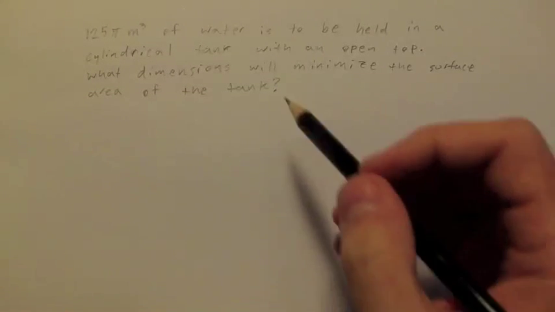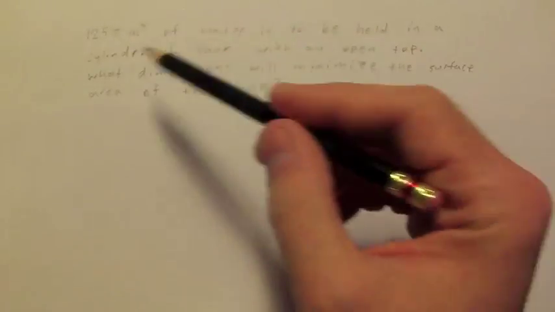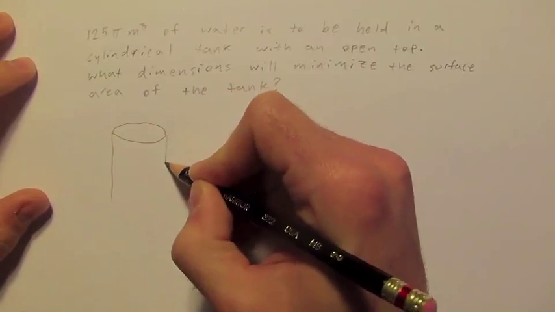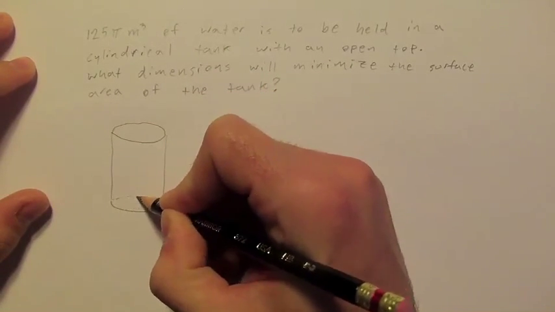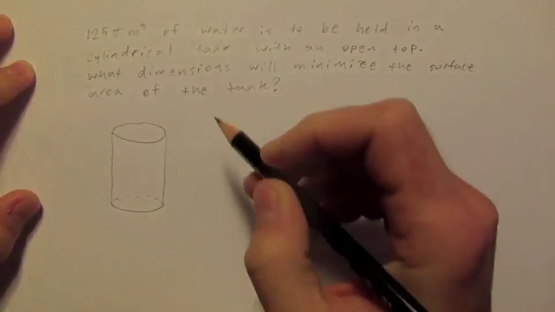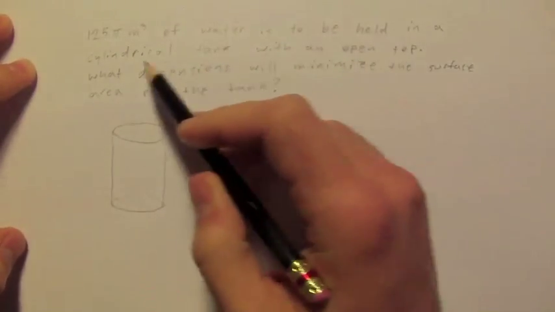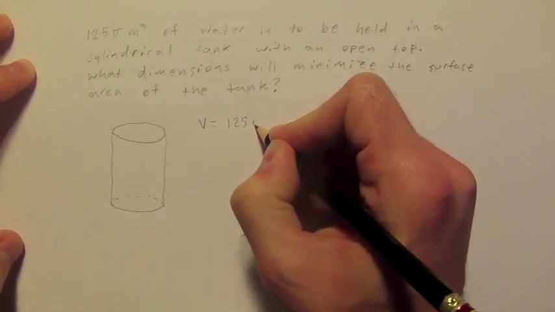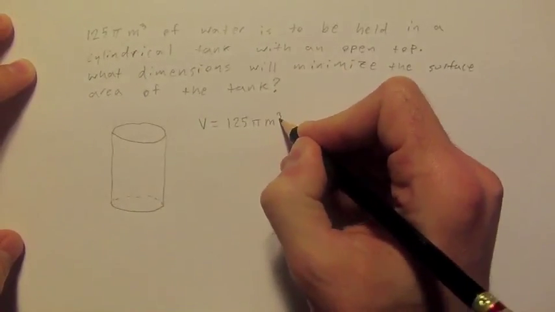First of all, I have a cylinder, a cylindrical tank. So I'm going to draw my picture here. And I know the amount of volume that's going to be held in this tank. So the volume is going to be 125 pi cubic meters.